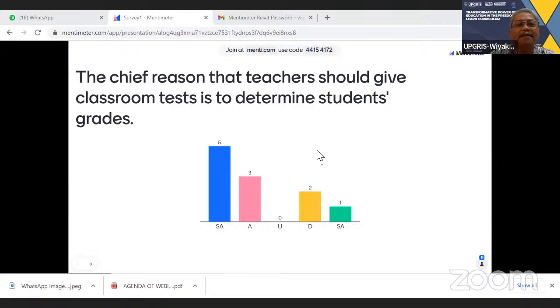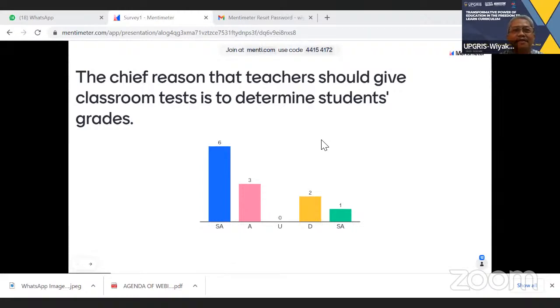Okay. So most of the audience in this room chose strongly agree to the statement. It means that what is done in the real classroom is that this is the reason why teachers give assessment to the students, because they are required to keep scores and give grades to the students.